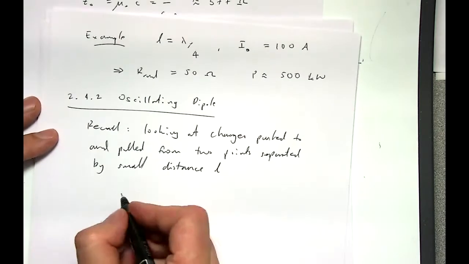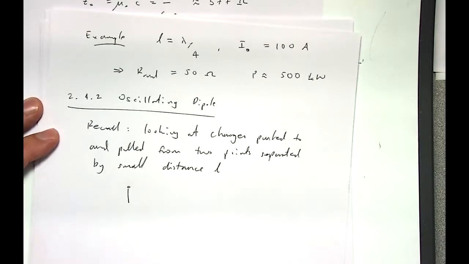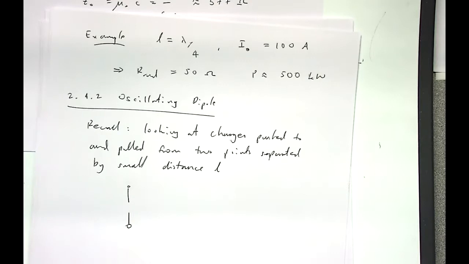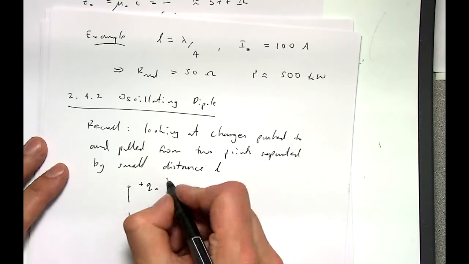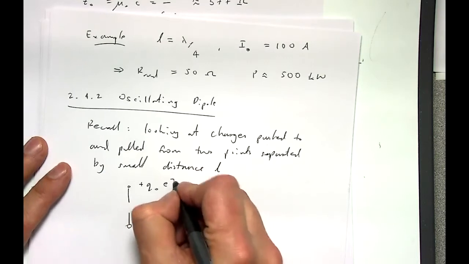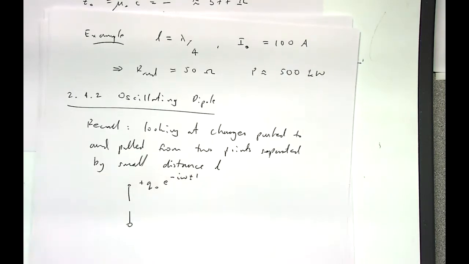So let's fill in the picture a bit more. And it's important to note this, think of these 2 points, the top and the bottom of our dipole, and one of them has a charge which varies as Q0, some maximum value of the charge at the end, e to the minus i omega t prime. I'm going to put t prime in there carefully for now.